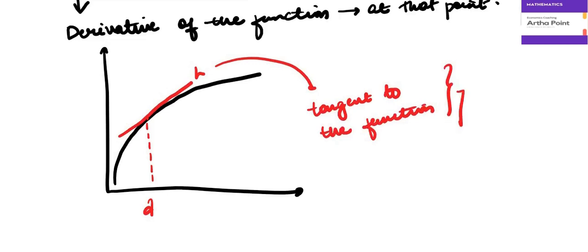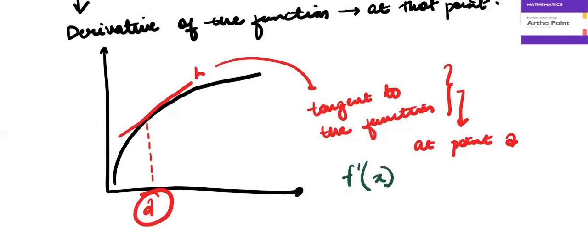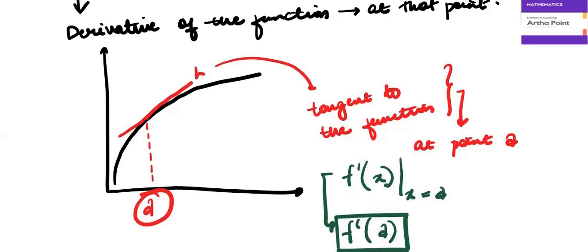It is tangent at point A. So to find the slope of the curve at point A, we go ahead and differentiate the function, and then we put x is equal to A. So it's like saying you differentiate the function and then put x is equal to A. When we do this, we get the slope of the curve. That's the concept of the slope of the curve.